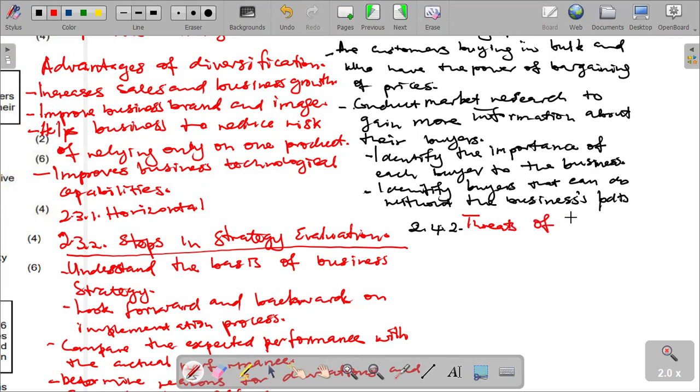How does the threat of substitution affect the business in Porter's five forces model?